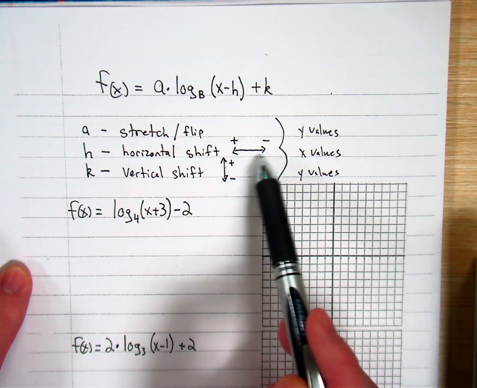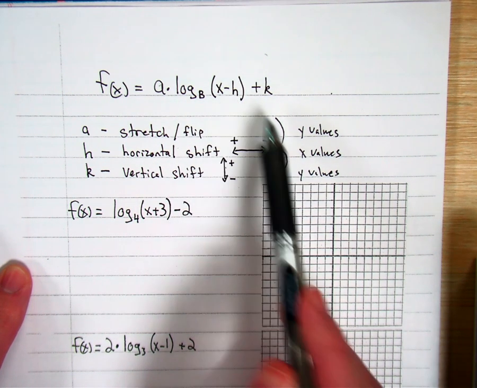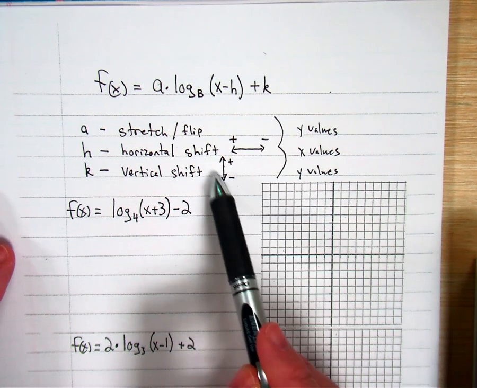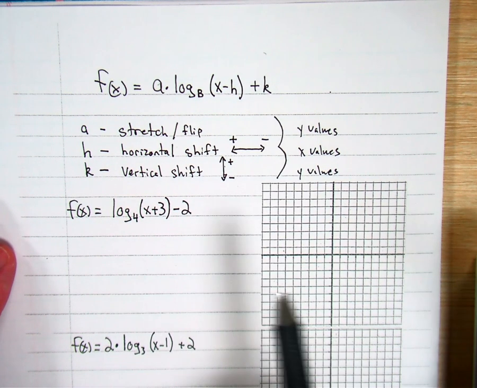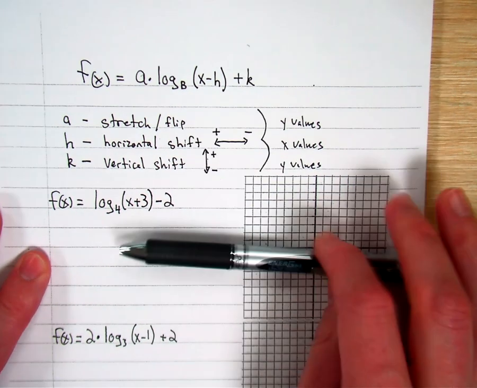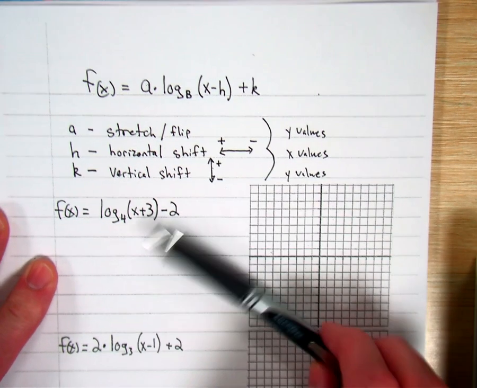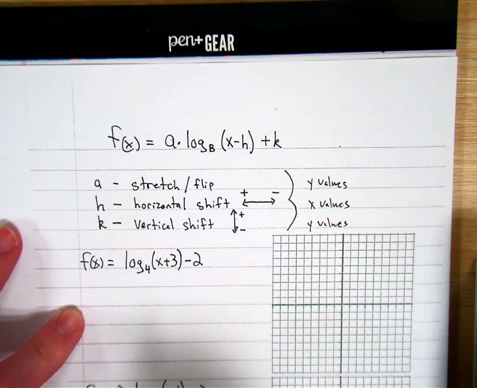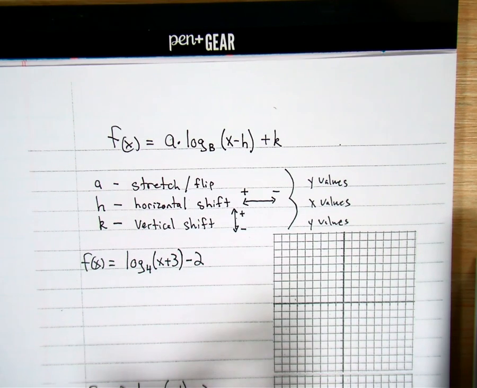Log base b of x minus h. H is going to go left and right. The minus sign is built in there, so again, this is opposite. And then the plus k on the back is going to be normal. And last time it was our back number that controlled our horizontal asymptote. This time, because we have a vertical, it's going to be tied to our inside number there.